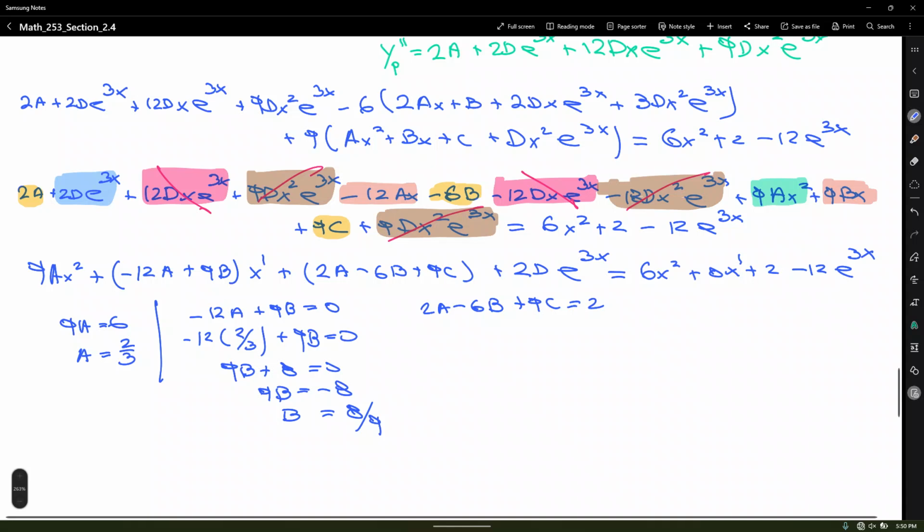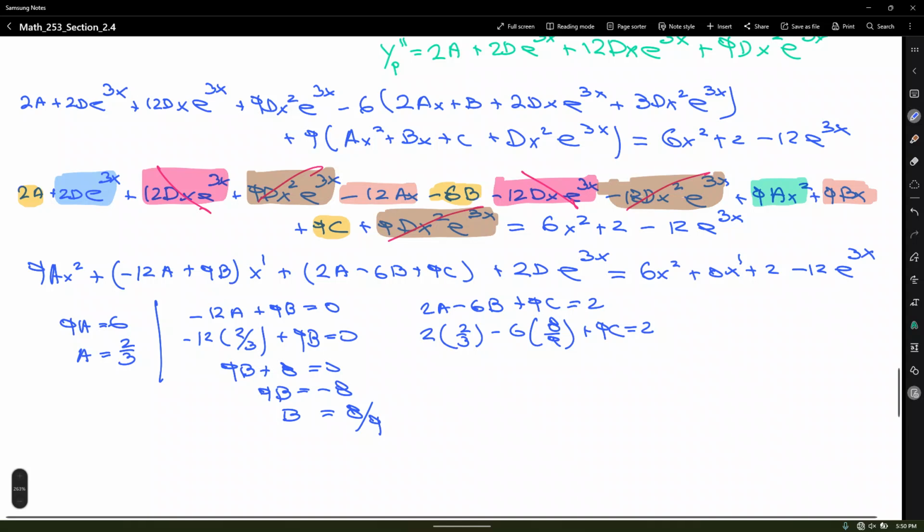One equation, three unknowns, but we already know a and b. So 2 times 2/3 minus 6 times 8 over 9 plus 9c equals 2. So 4/3 minus 48/9.